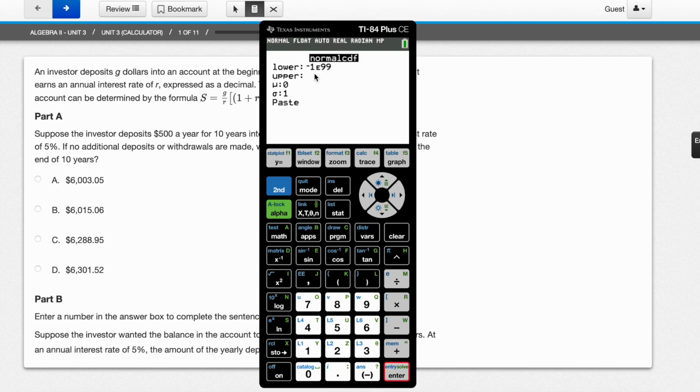You can leave it like that, or you can replace it with -1000. The upper bound in this case is 650. My mean is 510. And my standard deviation is 95. Enter. So I have normal CDF, lower bound, upper bound, mean, standard deviation. Enter. This is my answer.